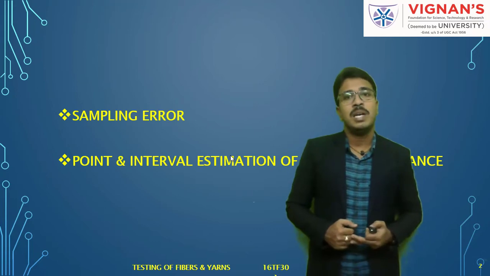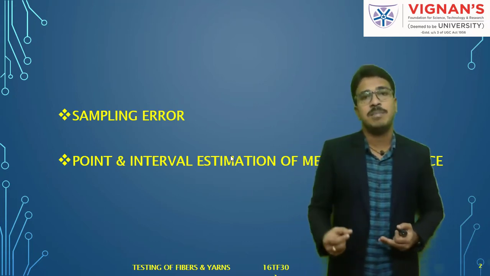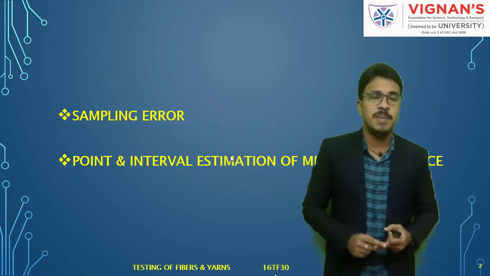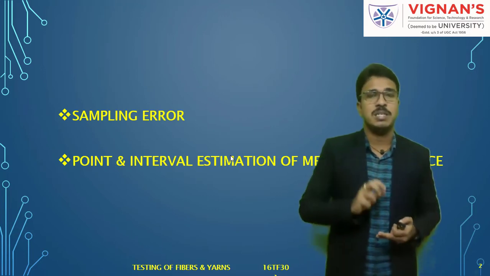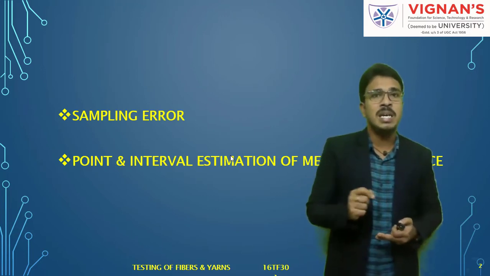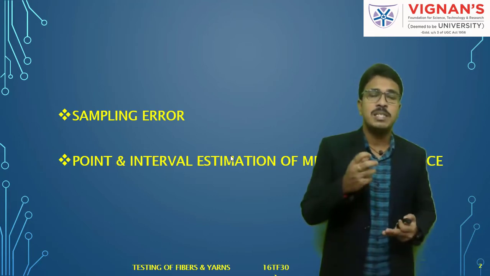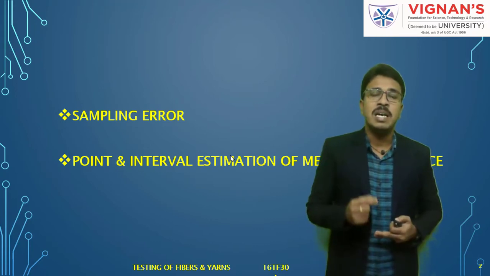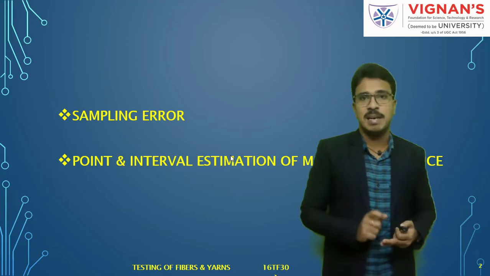And then we are going to discuss the point and interval estimation of mean and variance. That is, how to estimate the mean and variance of a population based on point and interval types. We will discuss in detail what point estimation of mean and variance is, and then interval estimation of mean and variance, with suitable examples.